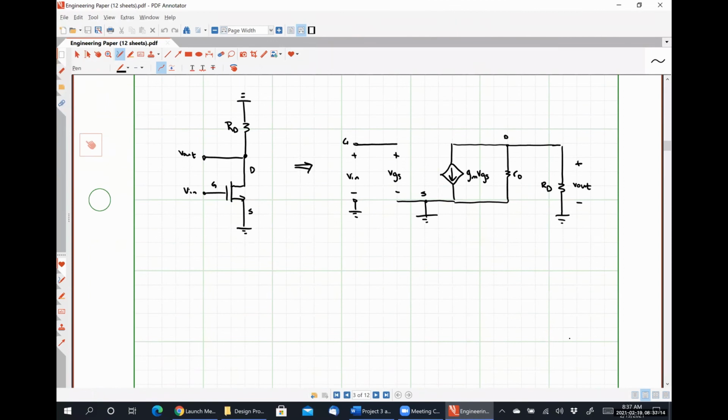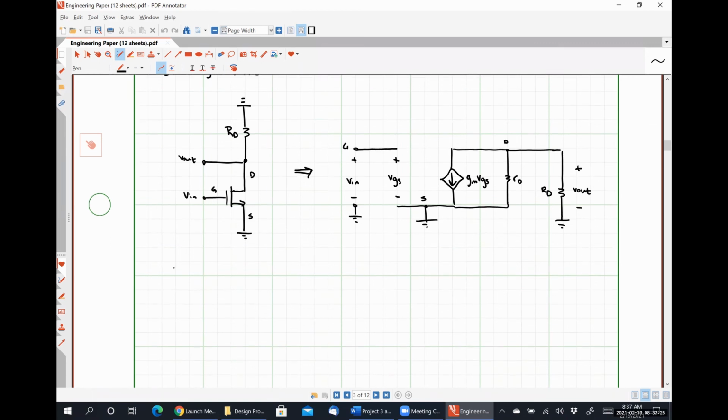So one thing that we're going to see for pretty much all of our MOSFET transistor amplifiers is that our input resistance is pretty easy to figure out. So who among you can remember what we did to determine input resistance for a BJT amplifier? Let's start there.